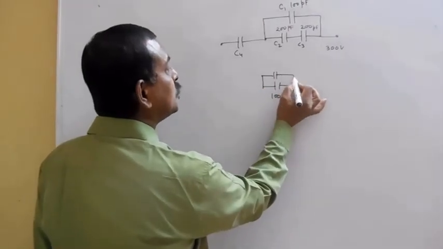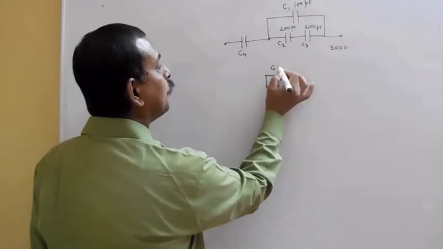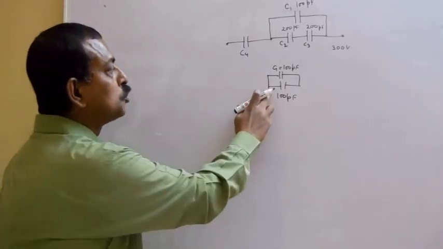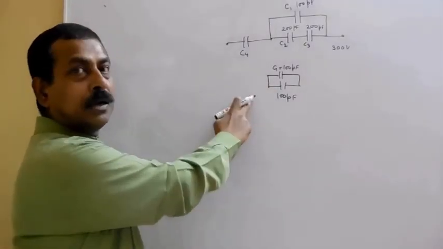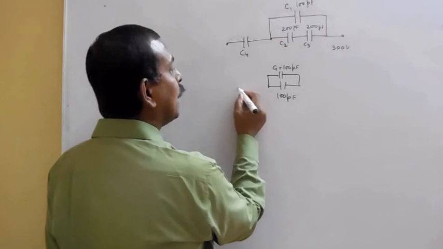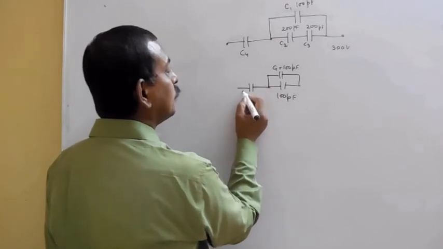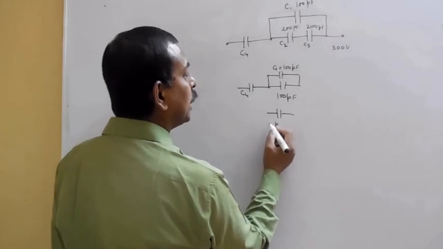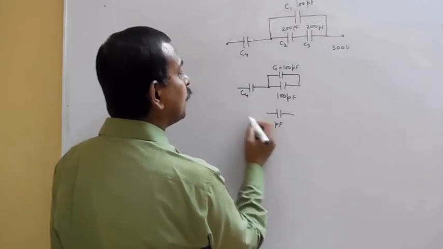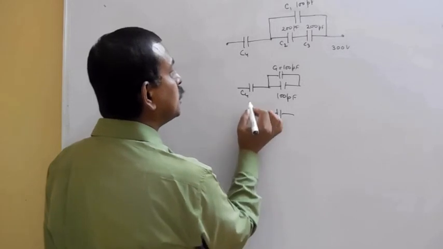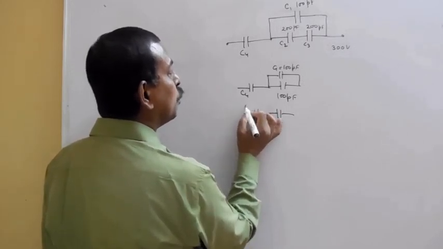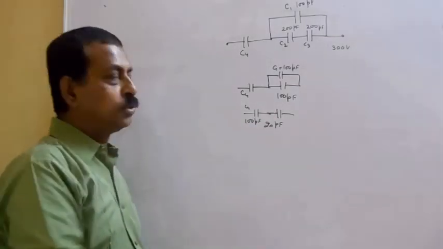This is in parallel with C1, which is also 100 picofarad. So these two are now in parallel, giving you an equivalent capacitance of 200 picofarad, and this is in series with this 100 picofarad C4 capacitance.